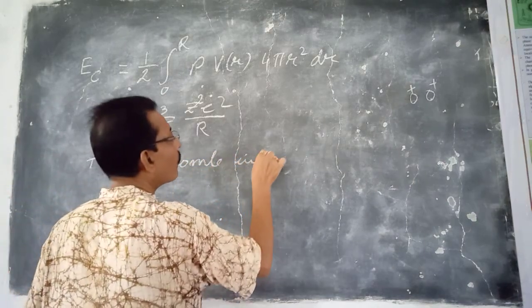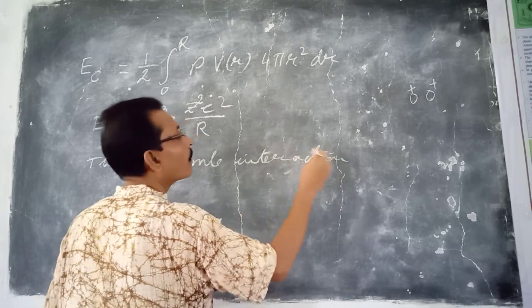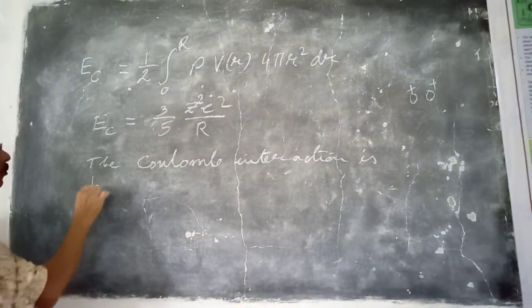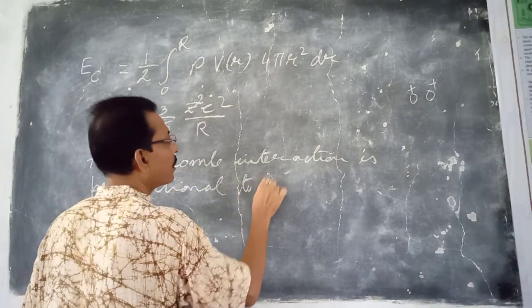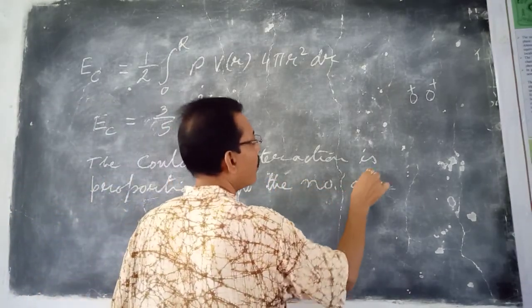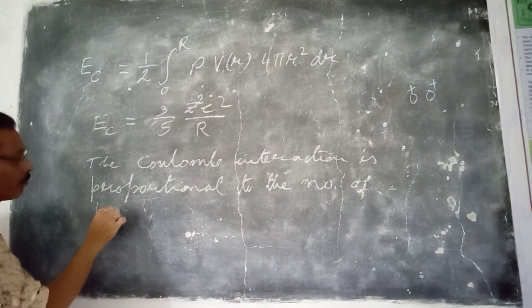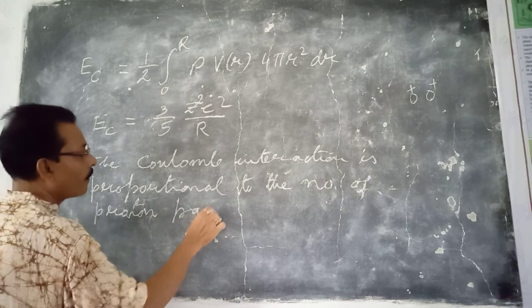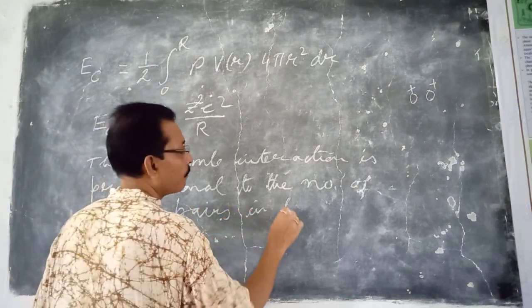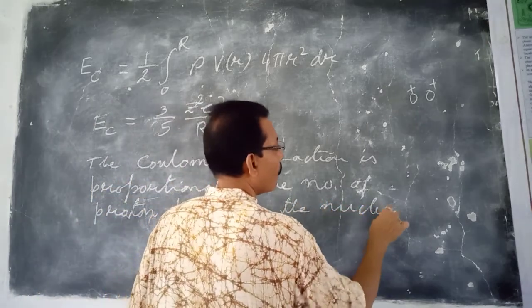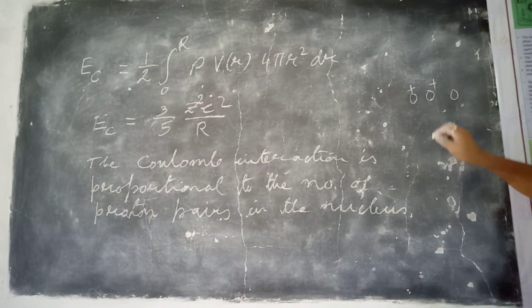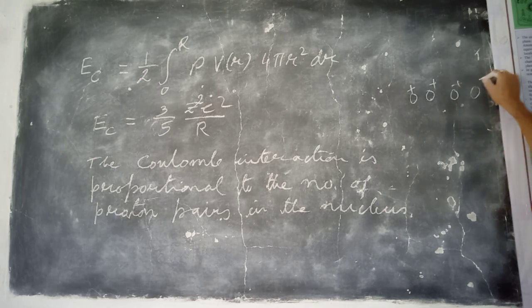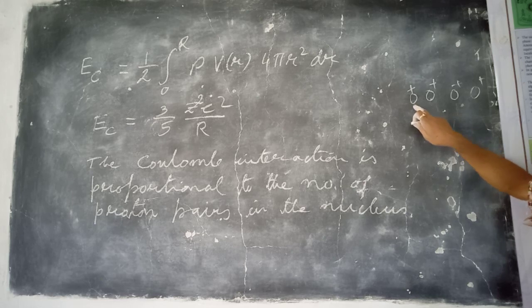Unlike the nuclear forces, which are very short range, so this proton will not interact with that one in nuclear forces, but in Coulomb forces, this proton will interact with this proton, and with this one, and with this.